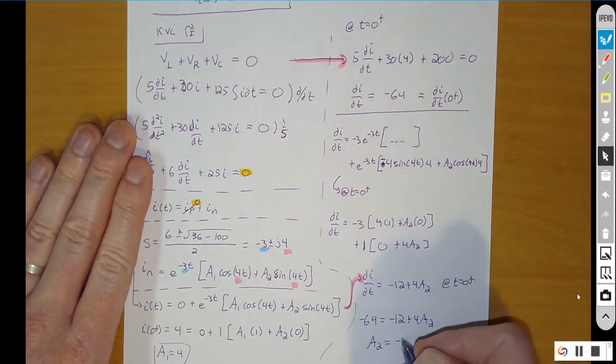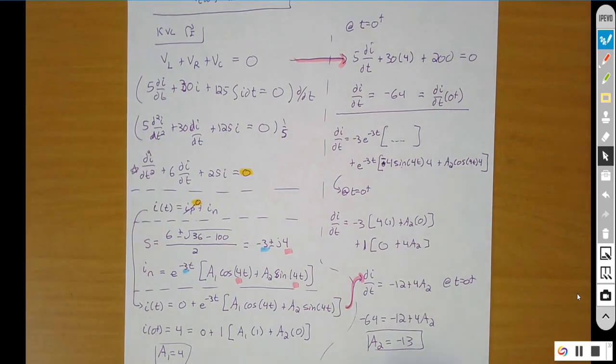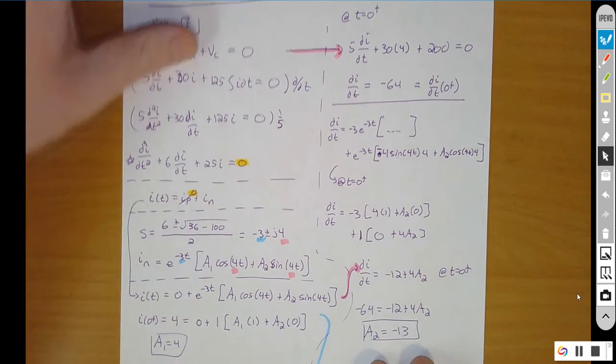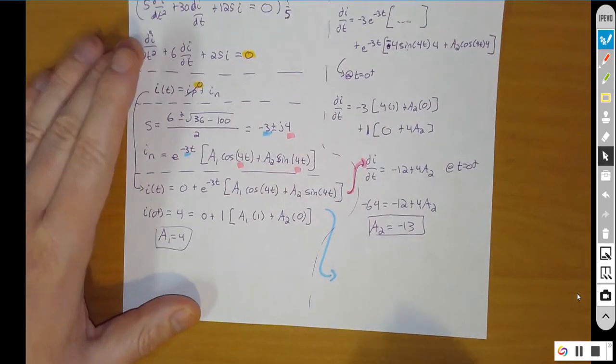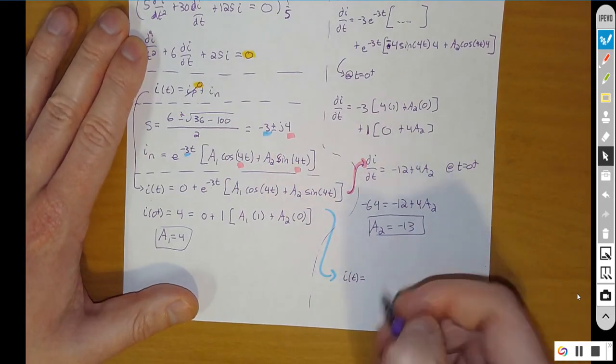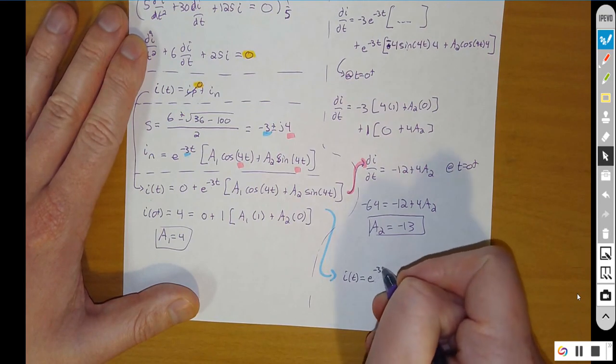Put it all back together, bring this thing back down, and write it one last time. I of t is equal to, I'm going to drop the 0 to save space, e to the negative 3t quantity.